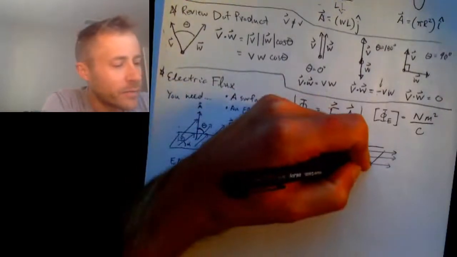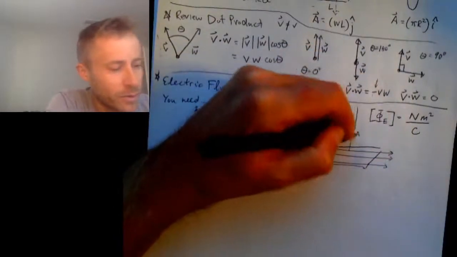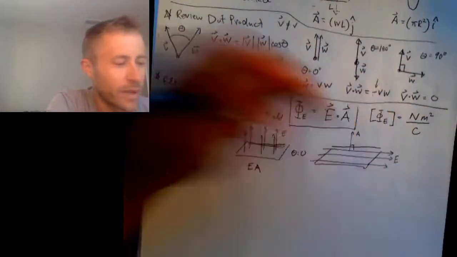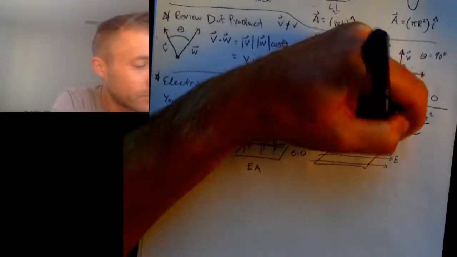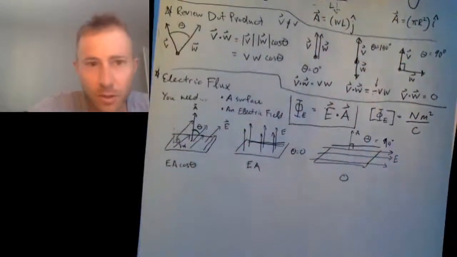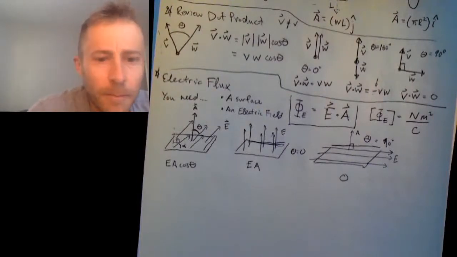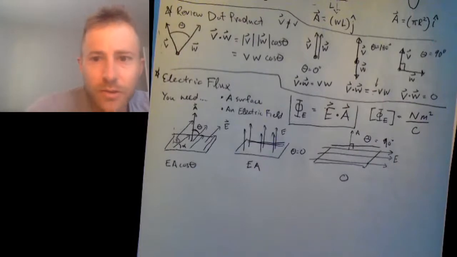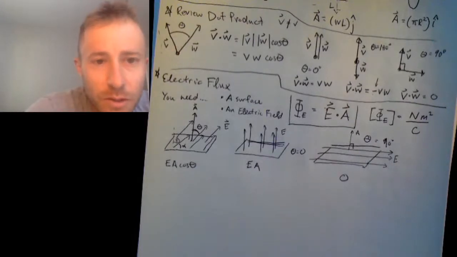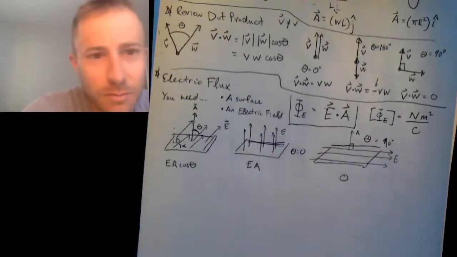In that case, remember the area vector is going this way and the electric field is going that way, so the angle is 90 degrees. And in this case, your flux is going to be 0. So in that case, this electric field gives zero flux through the surface.